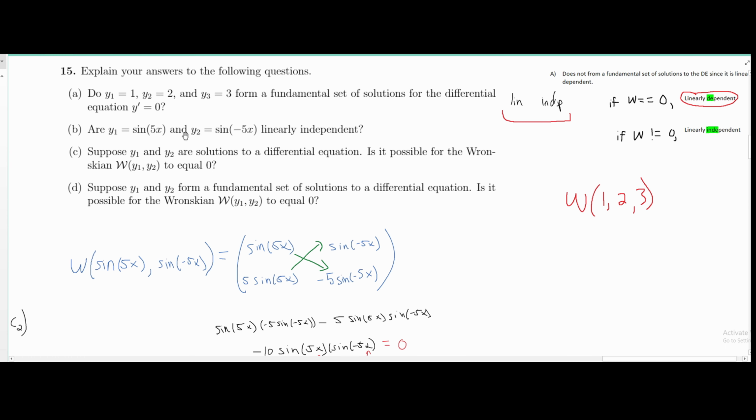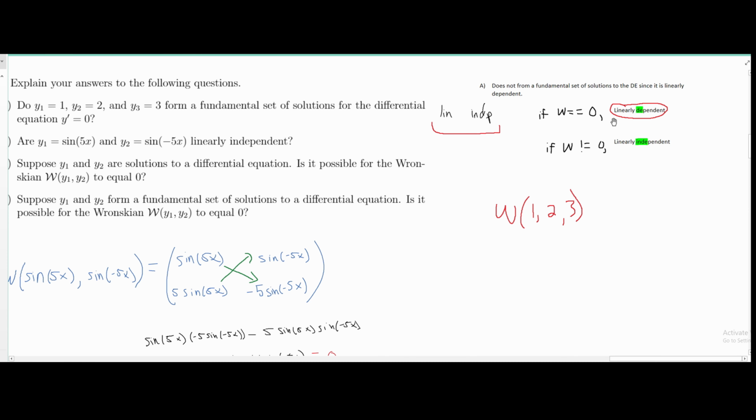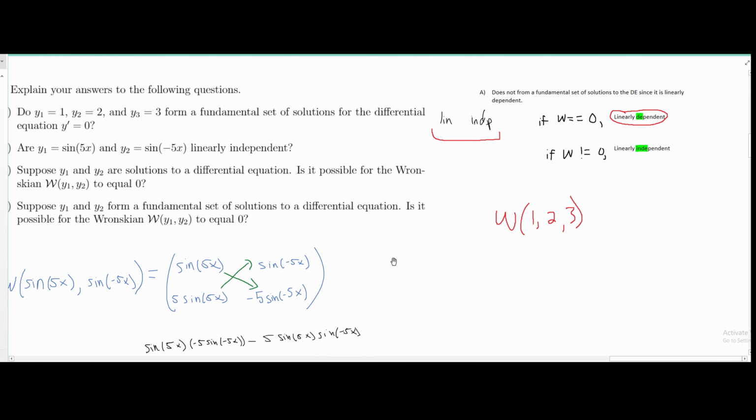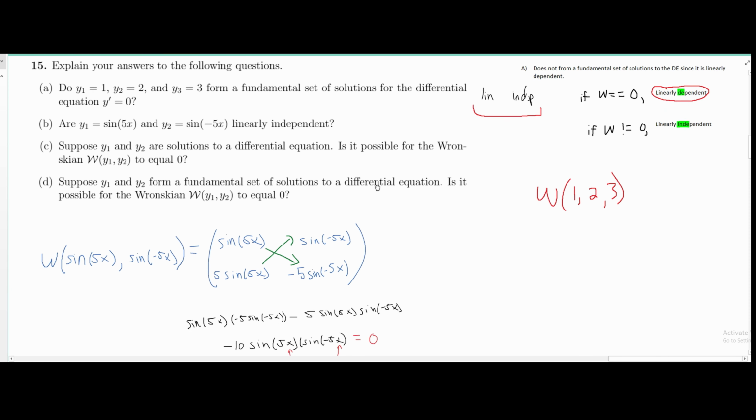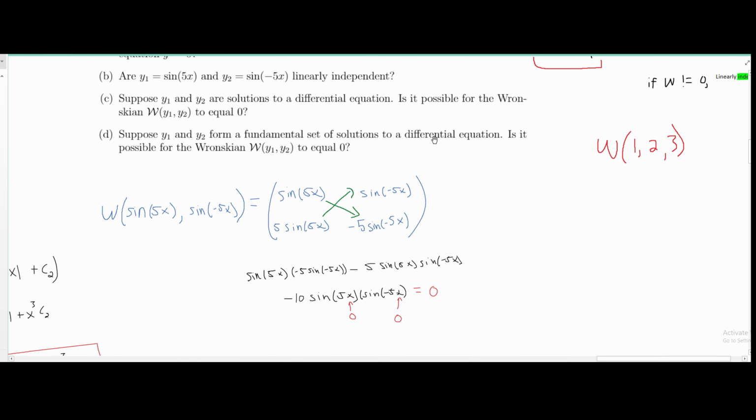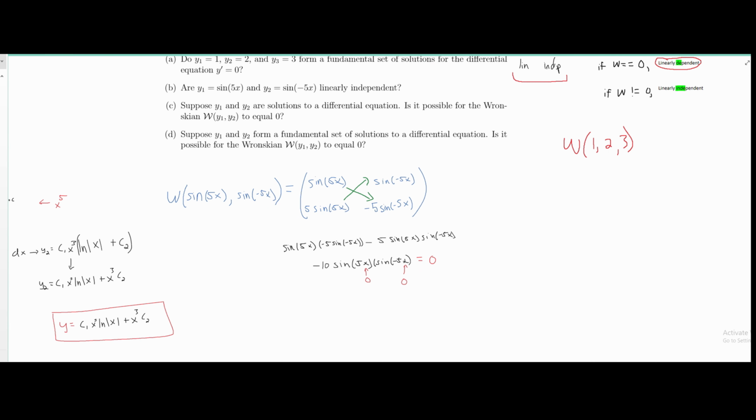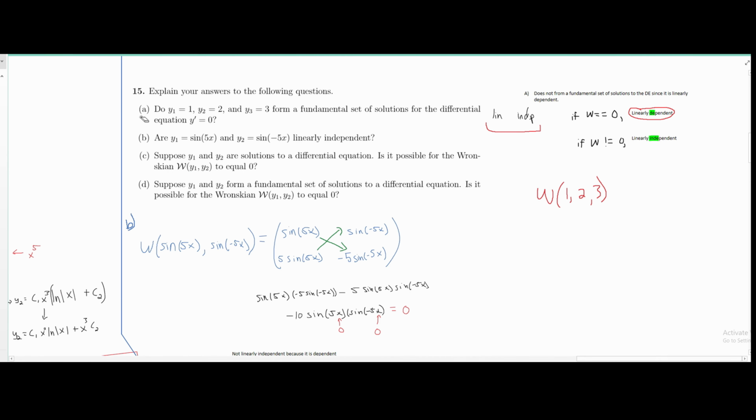When it asks if y1 and y2 are linearly independent, we need to remember that if it equals 0, it is linearly dependent. This equals 0, which means it is not linearly independent. And that is the proof for why B is not linearly independent.